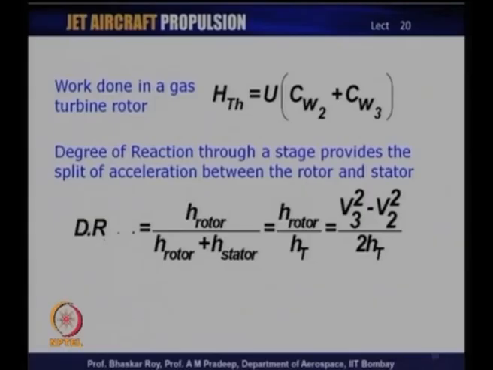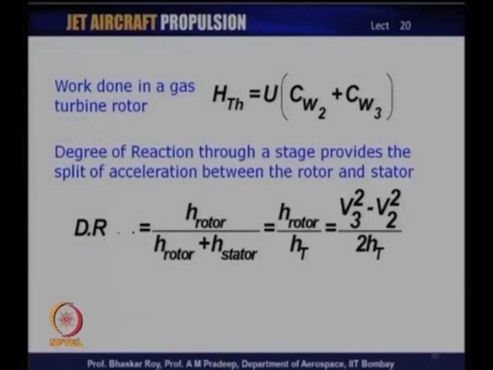And this differential tells us how much of the potential energy is convertible through this whole stage. We saw that part of it is converted in the stator, and then we saw that part of it is also convertible in the rotor, typically in a reaction turbine. In an impulse turbine, of course, it is not converted in the rotor, it is done only in the stator.